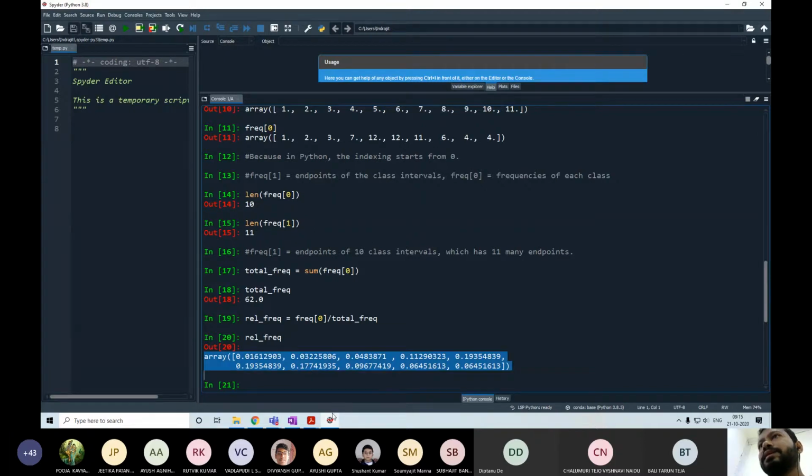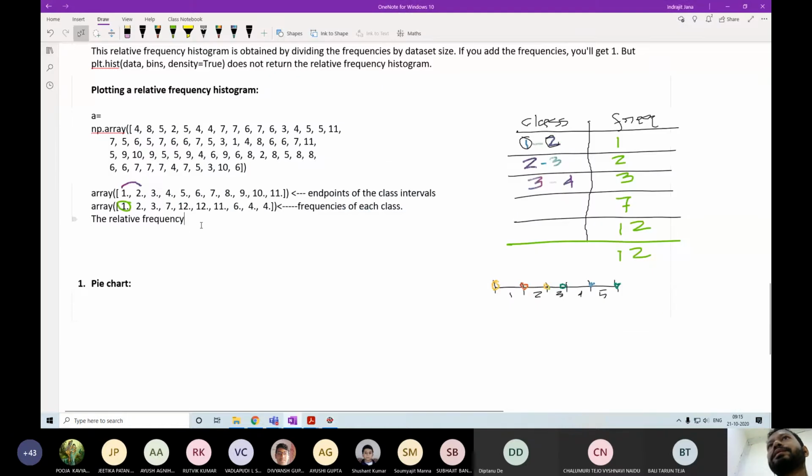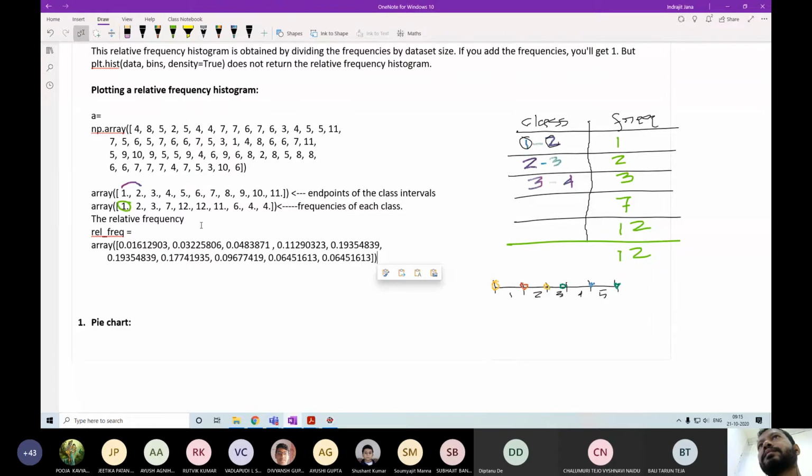Let me write it here. Essentially, we are dividing each of these entries by 62. Now we want to plot a histogram against the classes and this relative frequency.